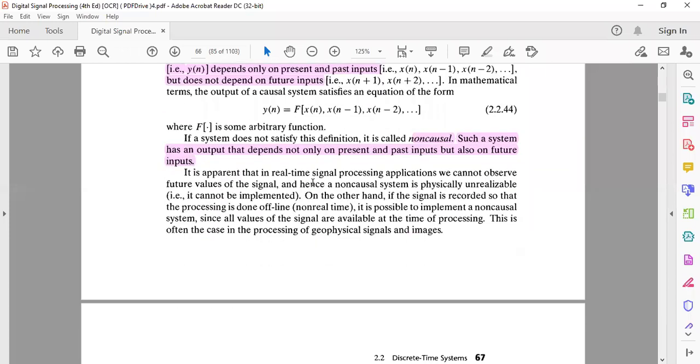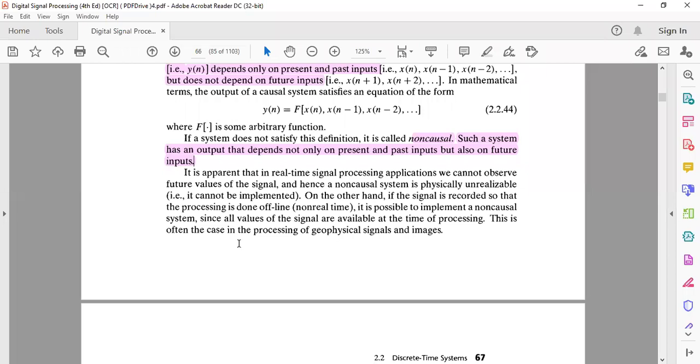It is apparent that in real-time signal processing applications, we cannot observe future values of the signal, and hence a non-causal system is physically unrealizable, cannot be implemented. On the other hand, if the signal is recorded so that the processing is done offline, non-real time, it is possible to implement a non-causal system since all values of the signal are available at the time of processing.